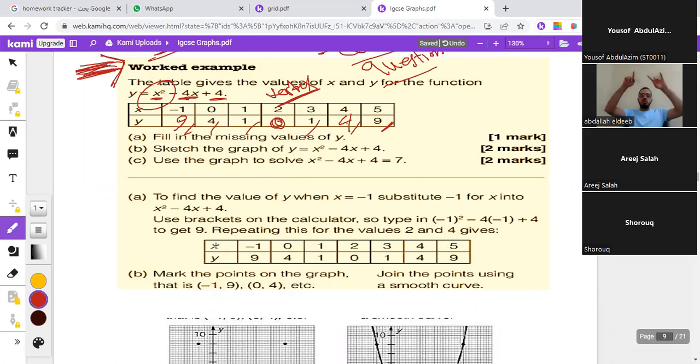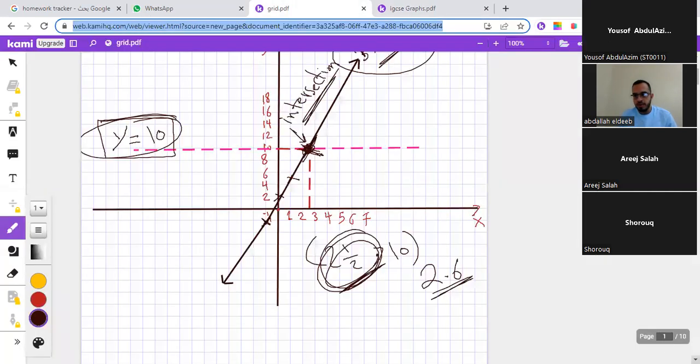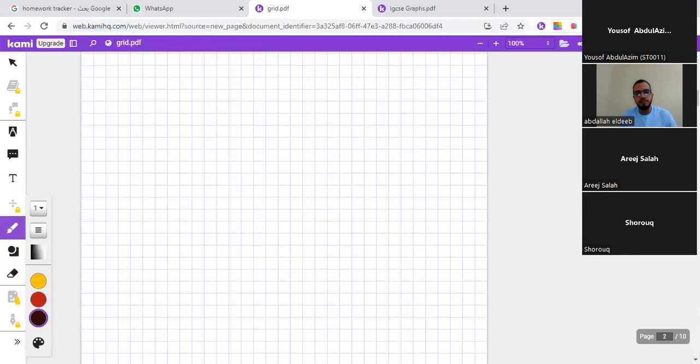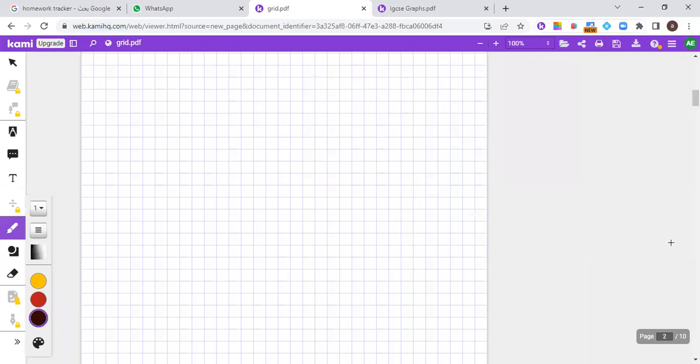Now we need to make the graph. Quickly, we can make the graph. Here we go. I will draw the two axes, x and y.